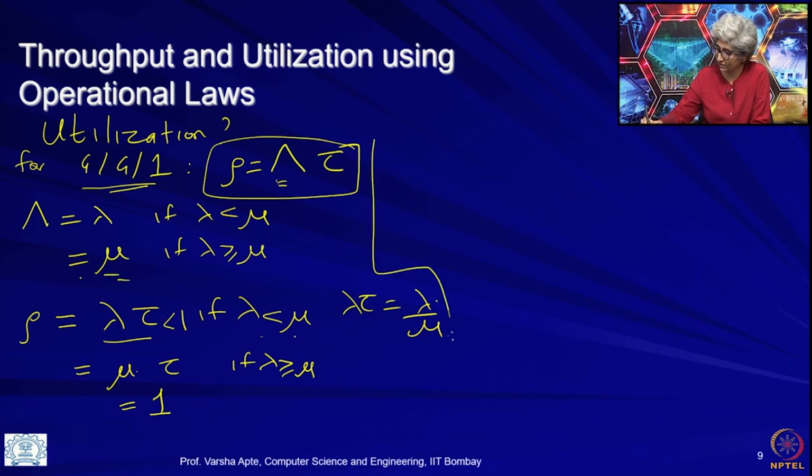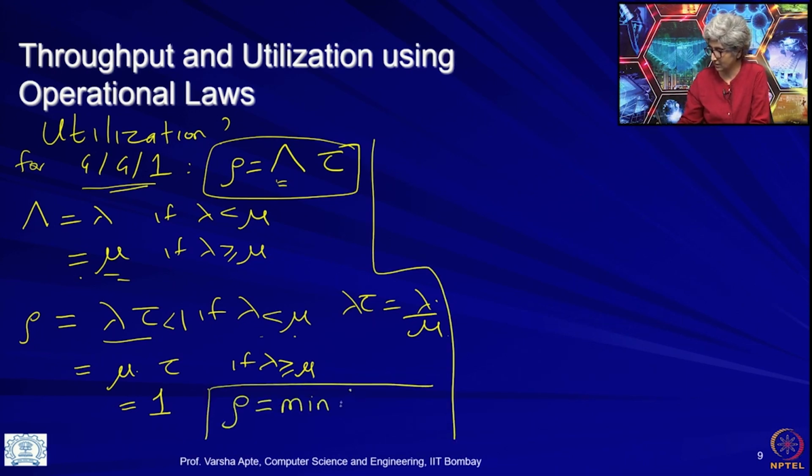Now, following the same style as the throughput, a simple way of writing this is that rho is equal to the minimum of 1 and lambda tau, right. If lambda tau is less than 1, then the utilization is lambda tau.